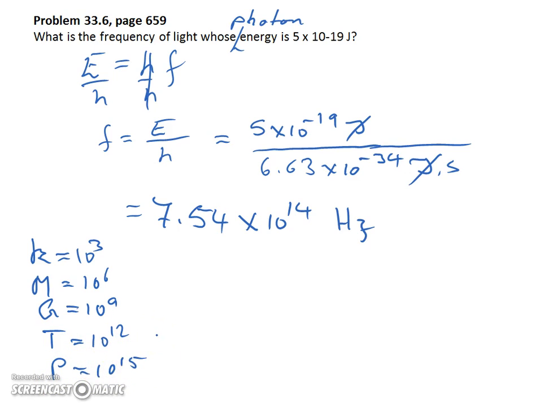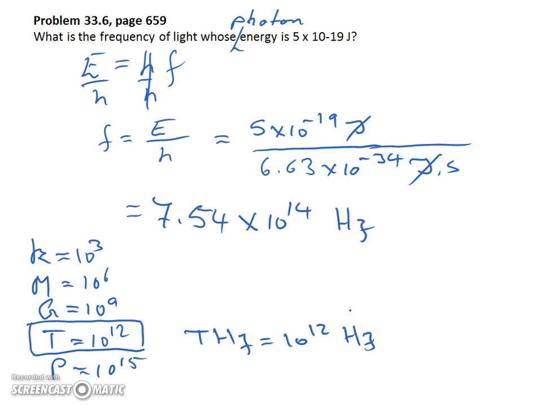Well, a nice way of expressing this number would be in units of 10 to the 12. So we'll remember, therefore, that we can write a terahertz as being equal to 10 to the 12 hertz.